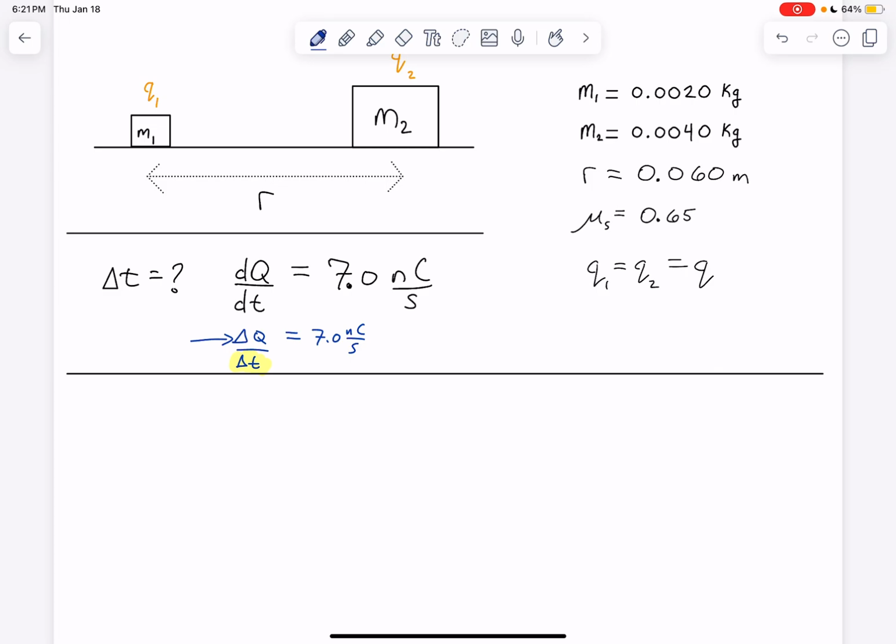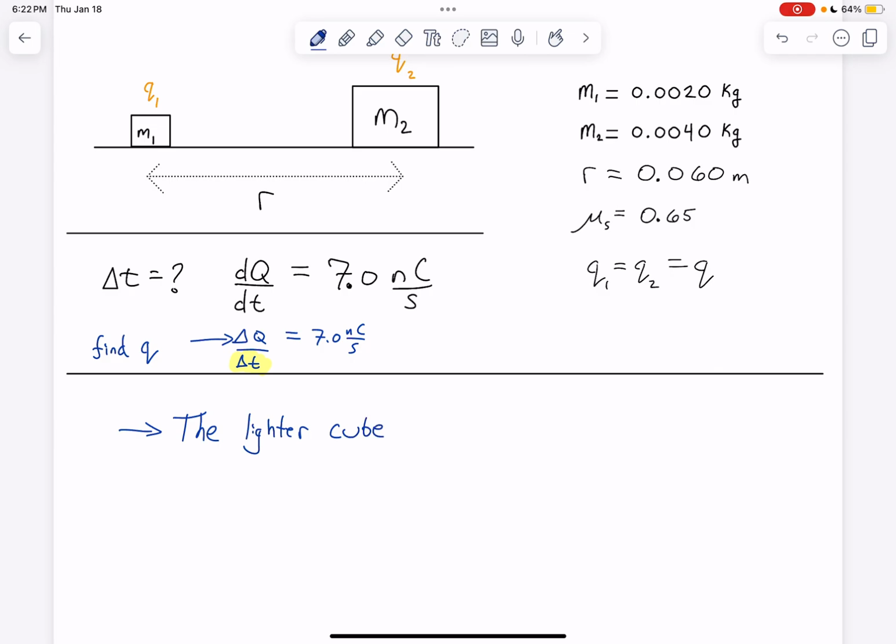We're starting at 0, so to start, we'll find this q at which point we are causing the M1 to move. Okay. So we know that the lighter cube moves first.